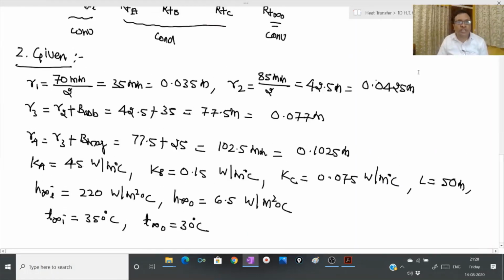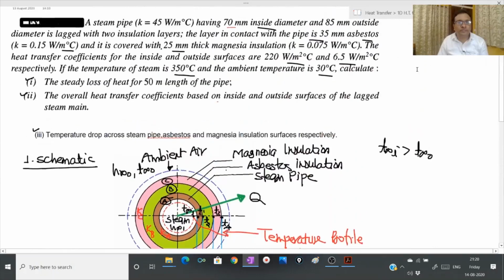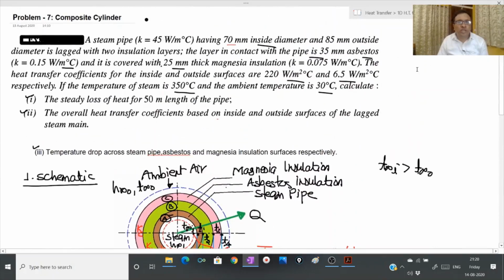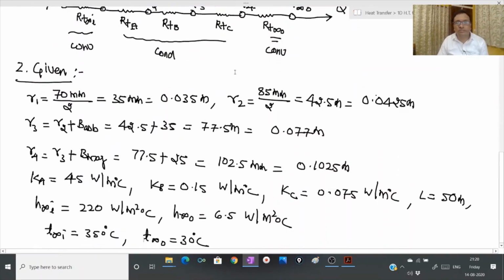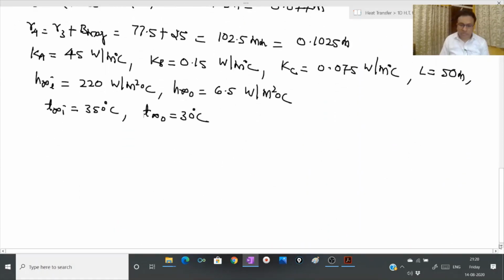So let me check the values. Okay, so we have summed up all the values correctly. Now let us make some assumptions.